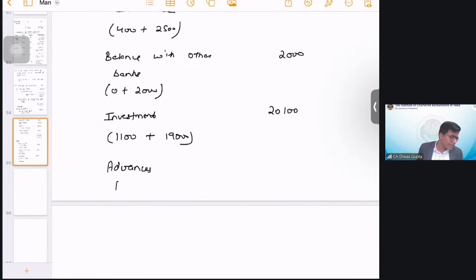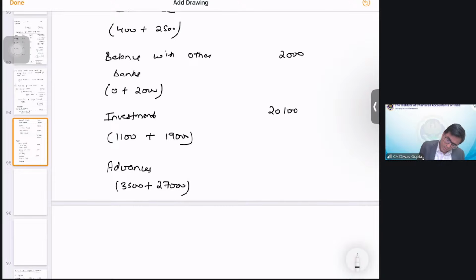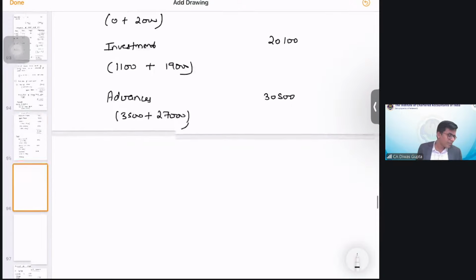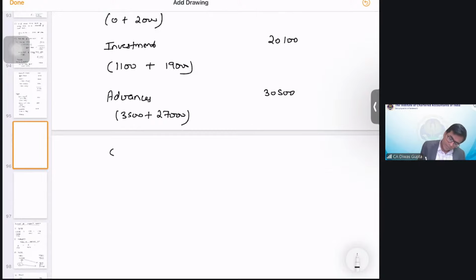Advances are 3,500 plus 27,000. So this becomes 30,500. Then other assets is 70 plus 2,000.